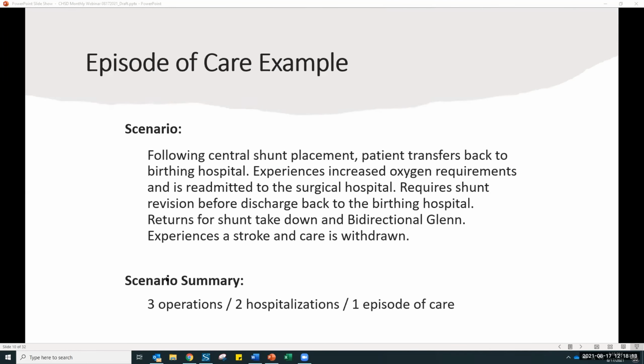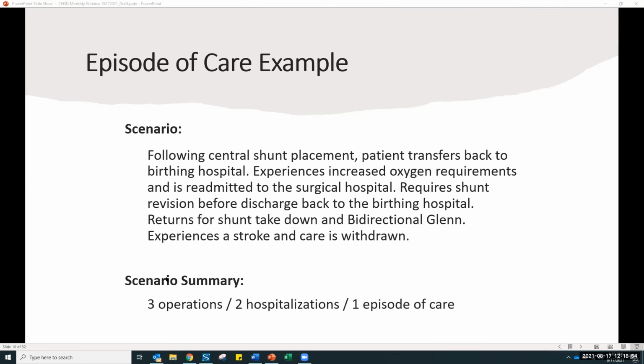This one. Yes. So let's say in this situation, the patient had a procedure at the birthing hospital, and then a CPB cardiovascular procedure, a cardiac index operation, and then they get transferred over to your hospital, hospital B. And then the same scenario, they have a procedure there, they go back to the birthing hospital, they get resent back over to your hospital for another procedure, and then they go back to the birthing hospital, and then the same plays out for this patient.